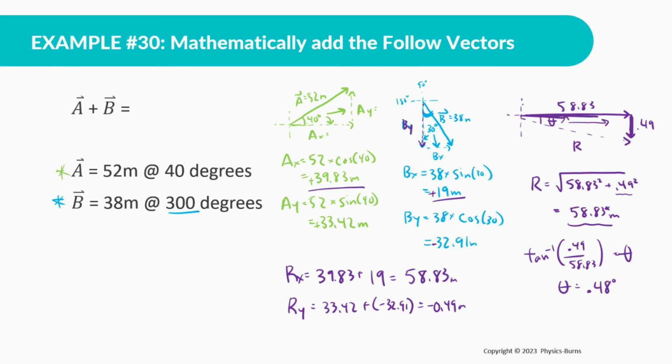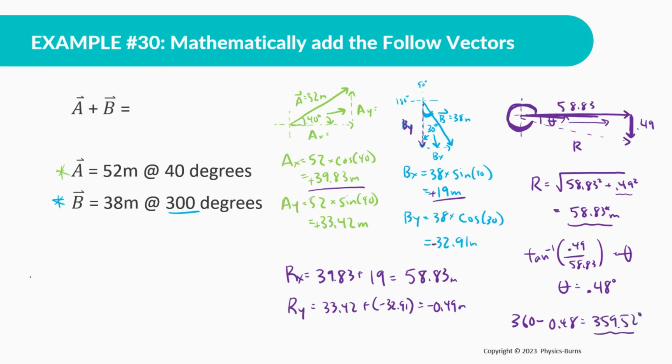Now we can't just put 0.48 because we're looking for this angle from the starting point all the way to here. There are multiple ways, but what we're going to do is 360 minus 0.48, which gives us 359.52 degrees.